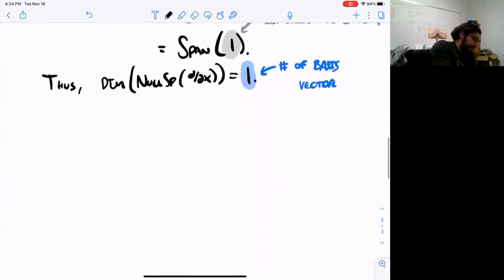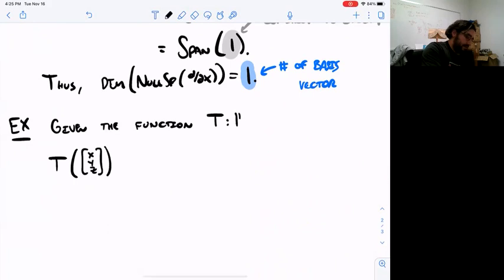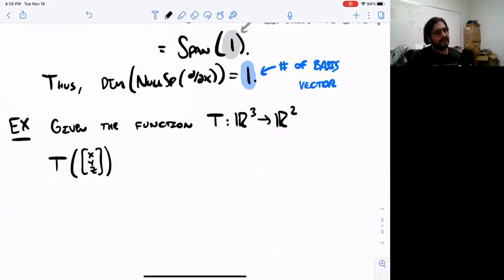So let's think about, for example, say we have the function that takes a point in 3-dimensional space, and then we're going to send it to a point in 2-dimensional space by the following method.